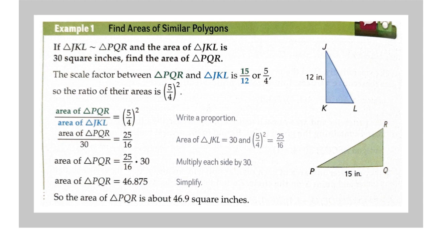If we multiply each side by 30, then we get the area of triangle PQR is equal to 25 over 16 times 30. So if we simplify, we get the area of triangle PQR equal to 46.875. So the area of triangle PQR is about 46.9 square inches.